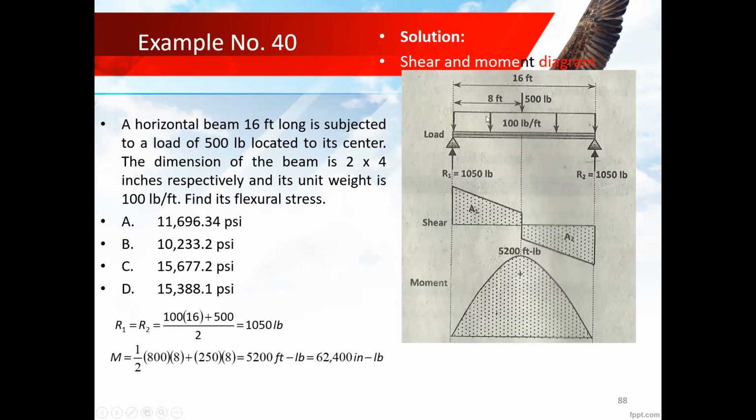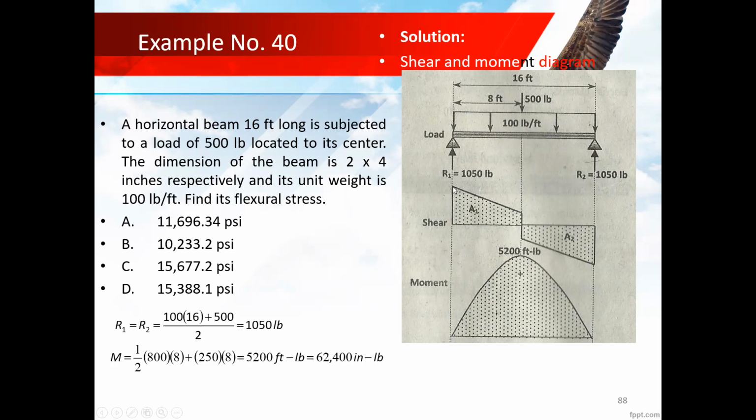So, from the figure, the 16 feet beam is subjected to a load of 500 pounds located at its center. Tapos meron din namang unit weight na 100 pounds per foot. Then get the reactions. Symmetrical, so equal siya. So makuha mo niya is 1050 and 1050.